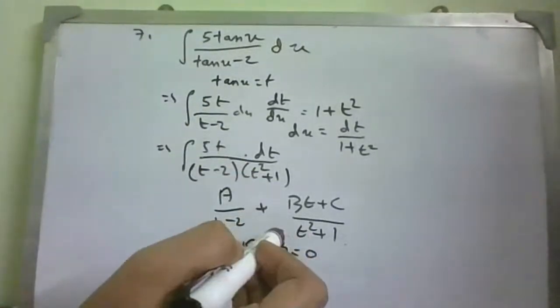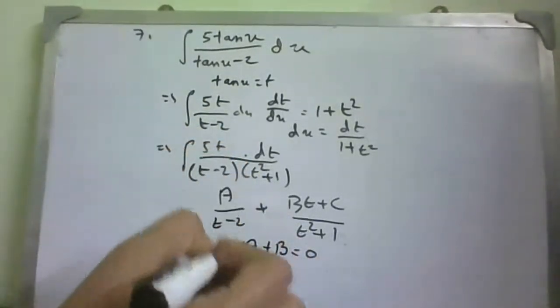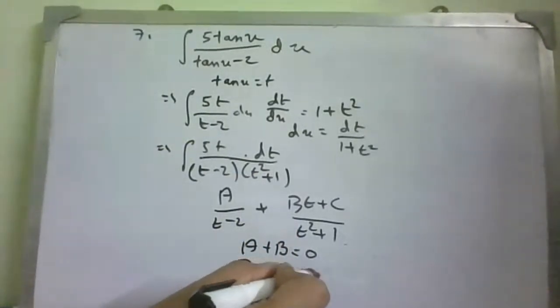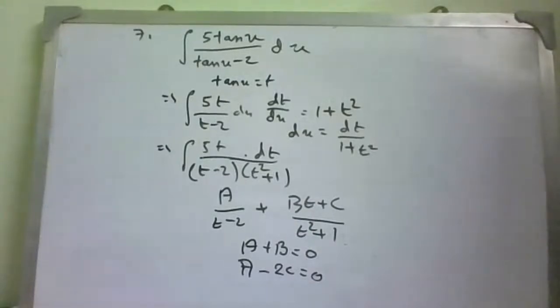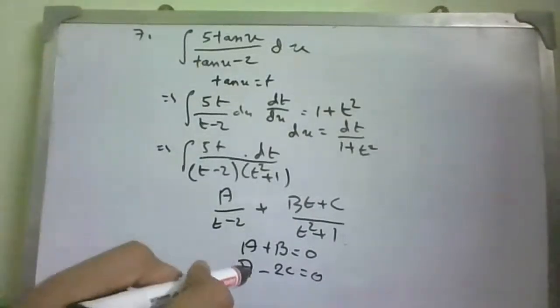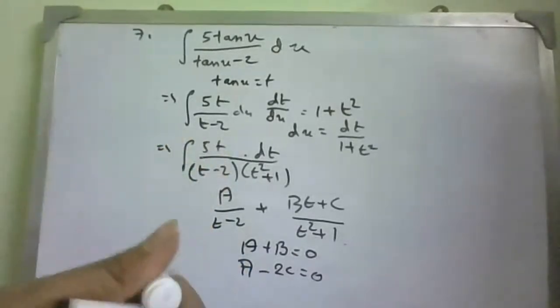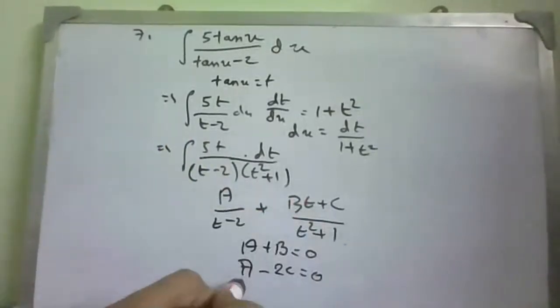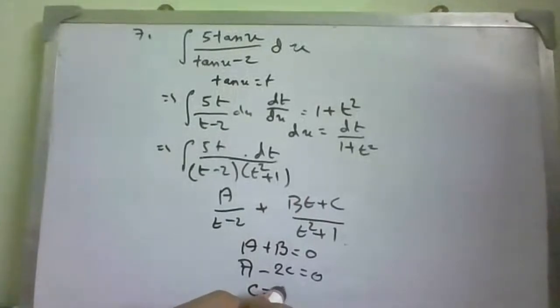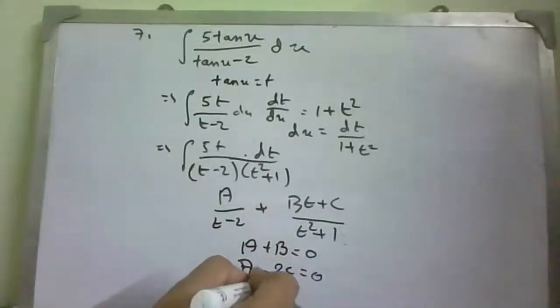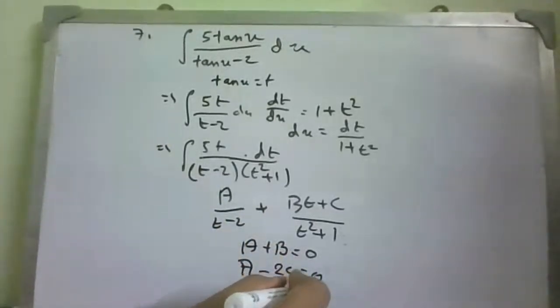The next thing we see is that the constant term is also 0 over here, so a minus 2c is also equal to 0. And the only thing that is remaining is t, so we also have c minus 2b equal to 5.